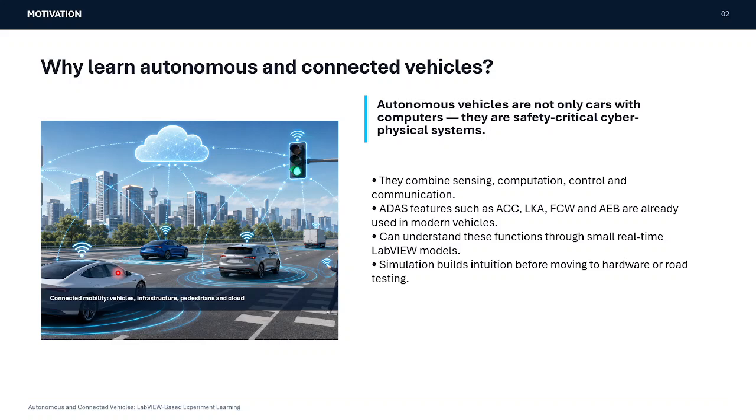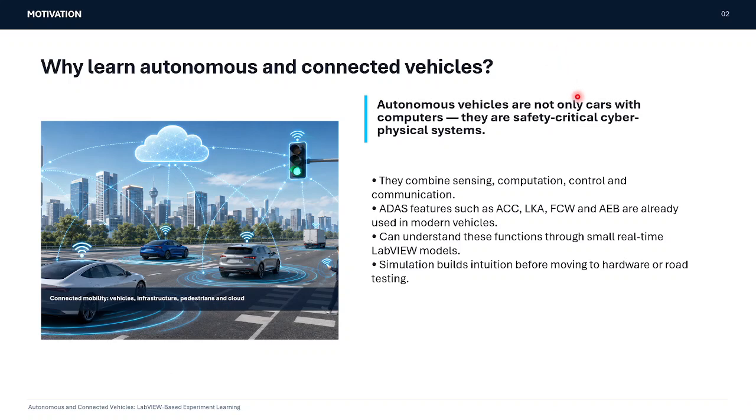Nowadays, when we purchase a vehicle, it has more sophisticated features, like the ADAS system, adaptive cruise control, lane keeping assistance. As a continuation of that, the vehicle is driven without a human. That is the autonomous connected vehicle.